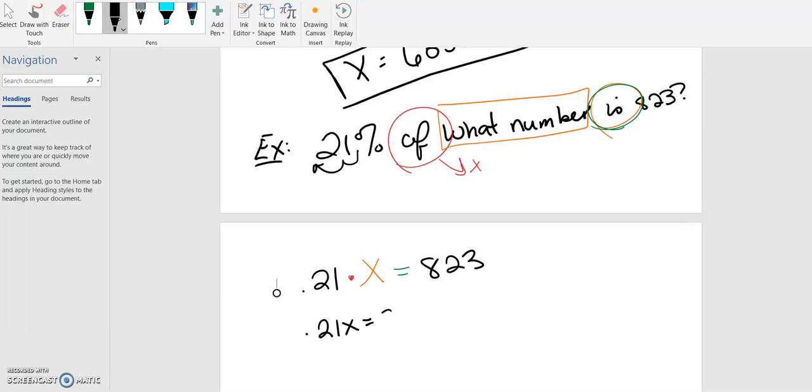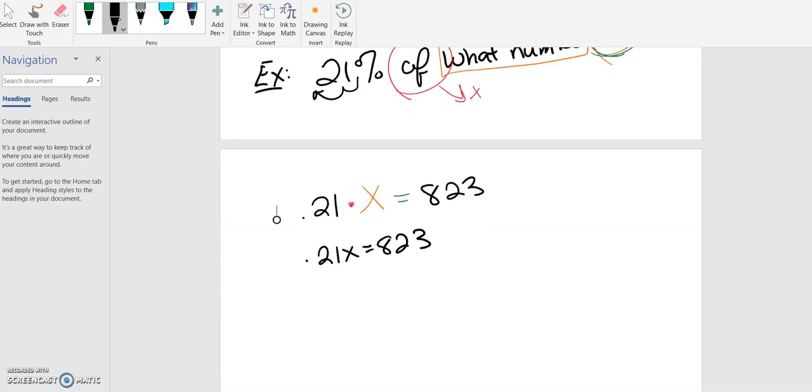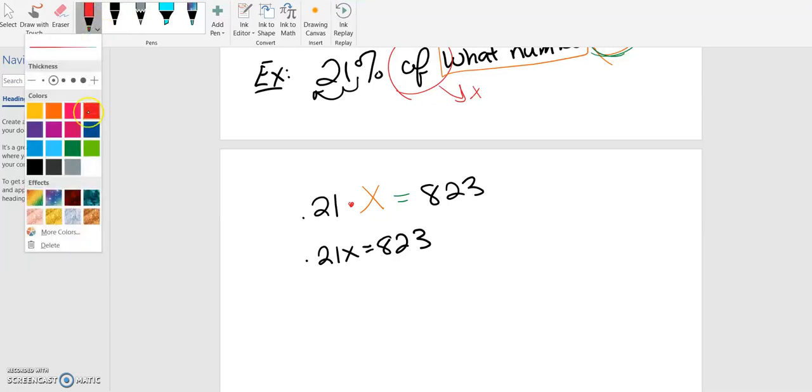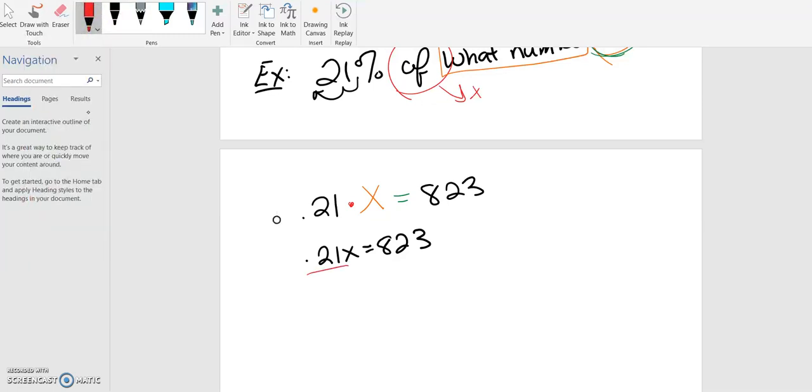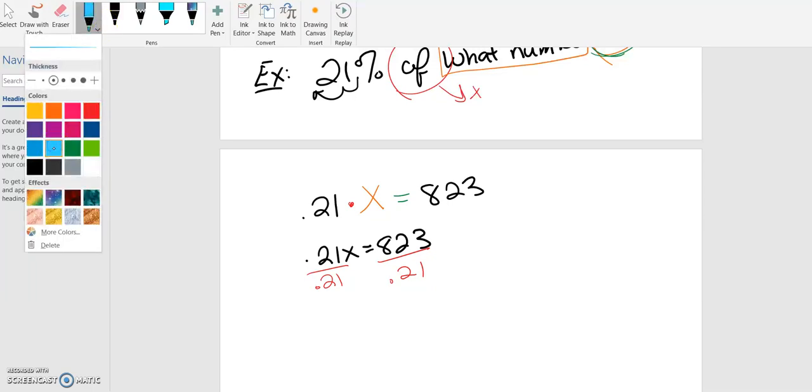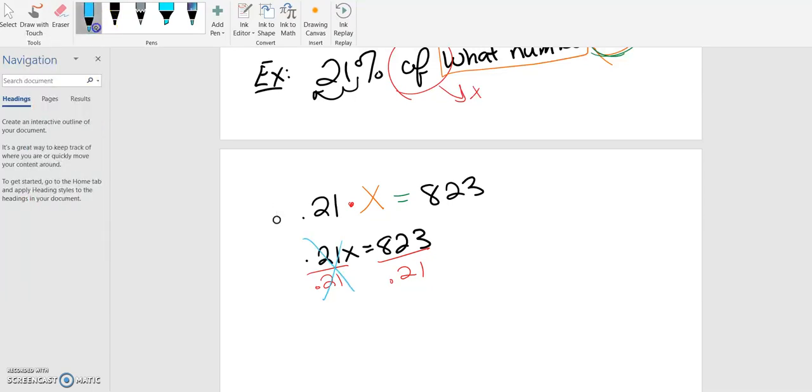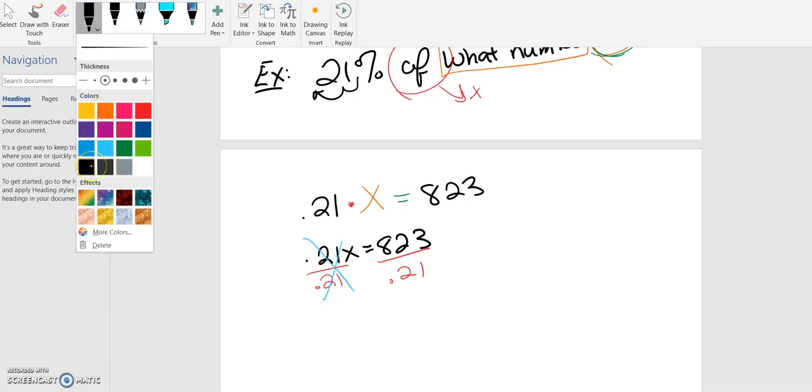So I'm left with 0.21x is equal to 823. Well, how do I solve an equation like this? I have a variable with a coefficient. That coefficient is 0.21. So I solve this simply by dividing by 0.21. So 0.21 divided by 0.21. It's going to be a pretty large number here, I suspect. Now my coefficients cancel, leaving behind an x.